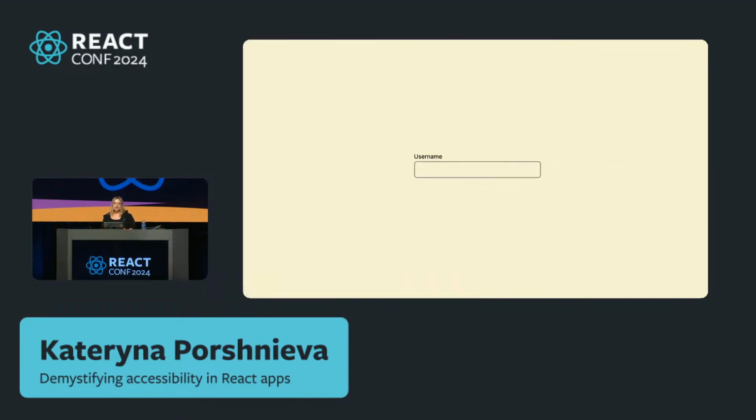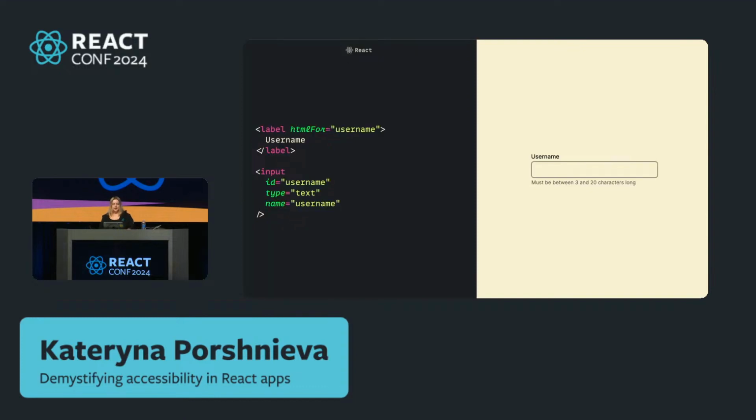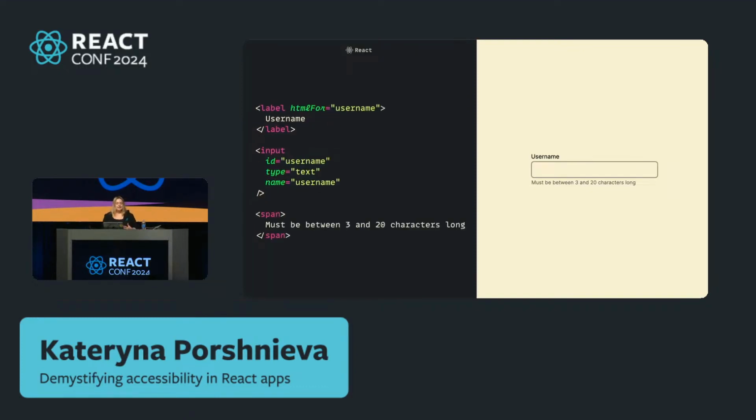We generally want to keep labels clear and concise, but sometimes we need to provide additional information, like different instructions or hints like this. To implement it, we can just place the text underneath the input, but again, because it is not connected to the input, it might be overlooked by screen readers. When we talked about the accessibility tree, I mentioned that all elements within the accessibility tree can have an accessible role and name.